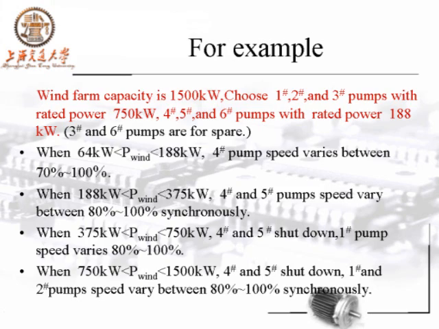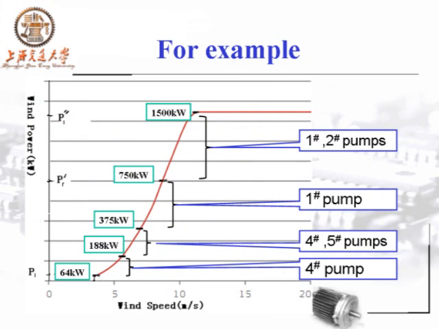Let's see the picture. If this is the wind power curve, this number 4 pump operates at variable speed in this area. And this area is two pumps operating synchronously.